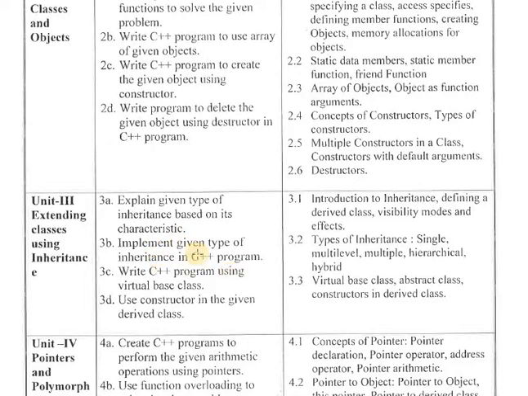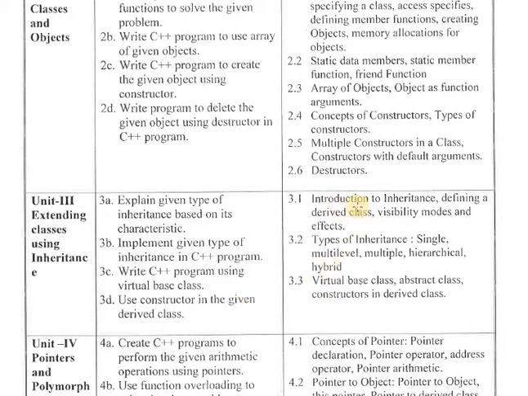Also you can implement a given type of inheritance in a C++ program. Next outcome is you can write a C++ program using a virtual base class. And last, you can use constructors in the given derived class.